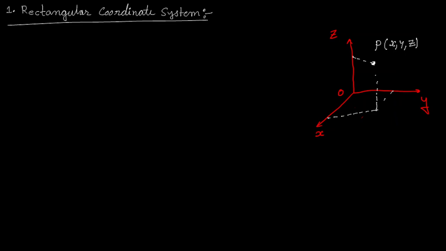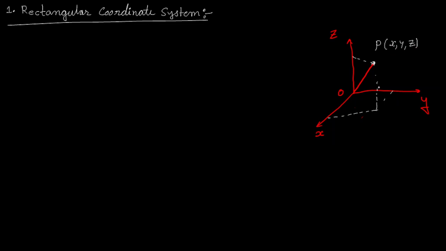For that, if we connect this point P with the origin, we'll get a length vector. And if we take the projection of this length vector on the x-axis, the y-axis, and the z-axis, those projections will be respectively x, y, and z.